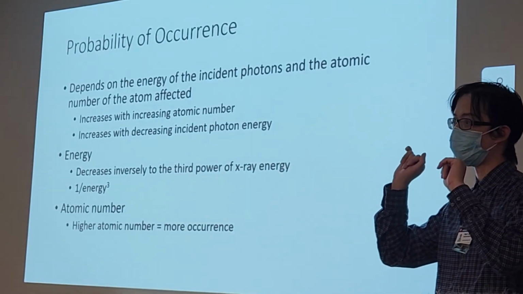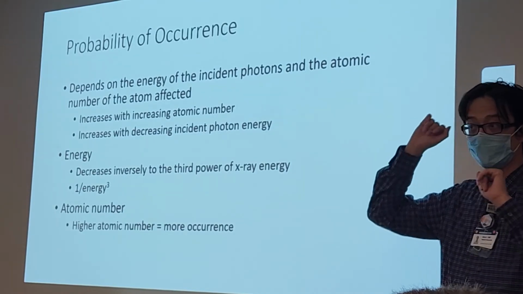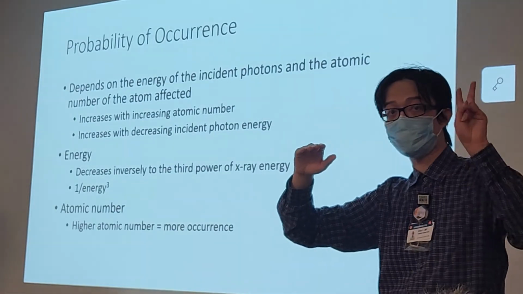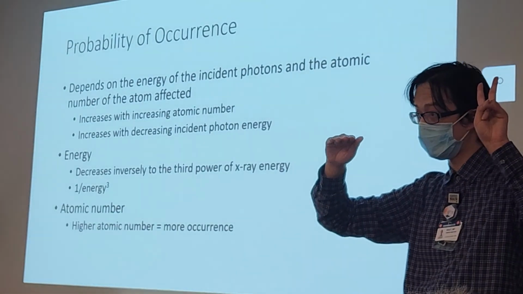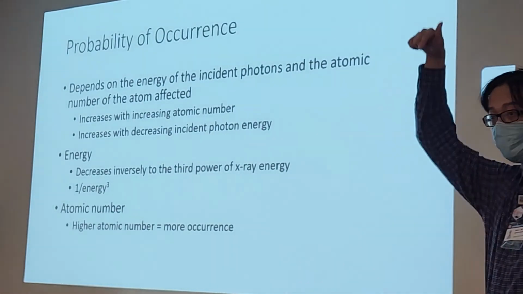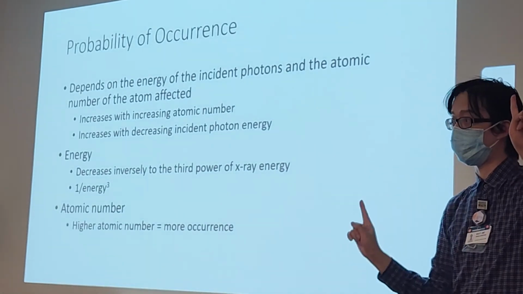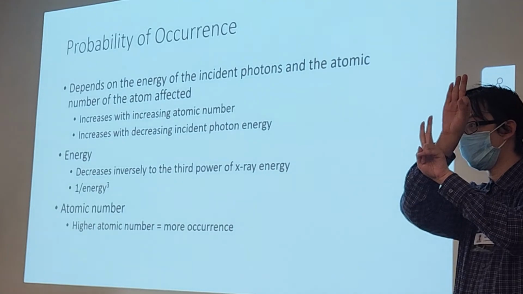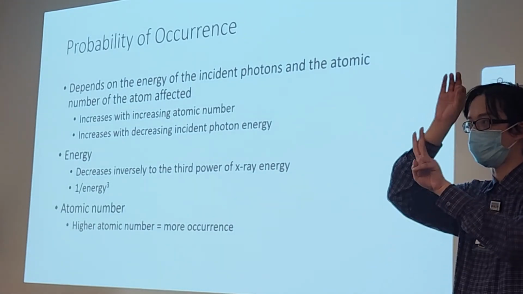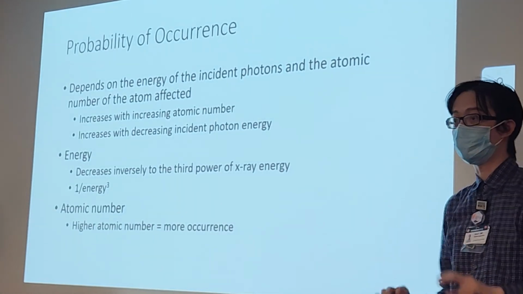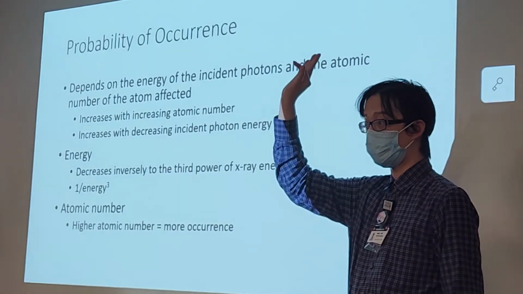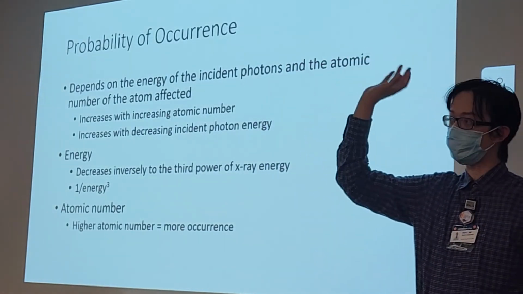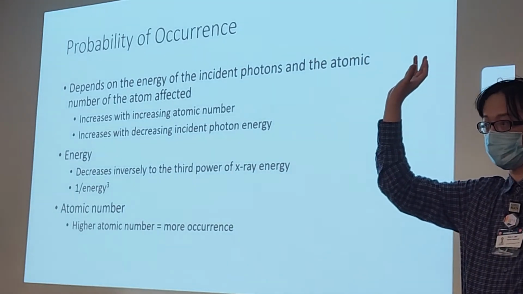So if kVp goes from 100 down to 50, I changed my energy by a factor of 2. The absorption goes the opposite way. If I went down in my kVp, absorption goes up by 2 cubed, 2 to the third power, 2 times 2 times 2. So the amount of absorption goes up 8 times. The bone absorbs 8 times more X-rays when I drop my energy in half.